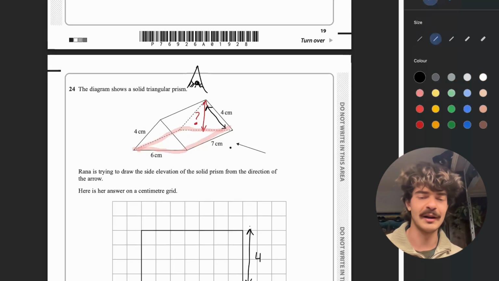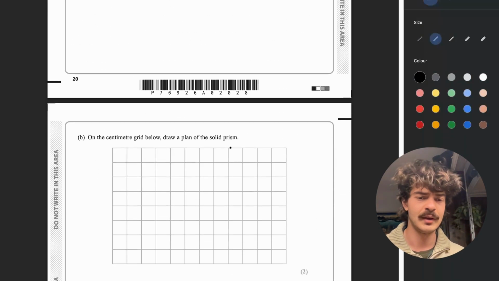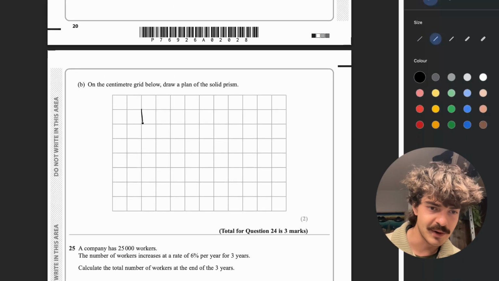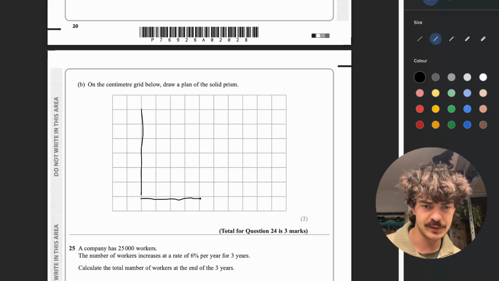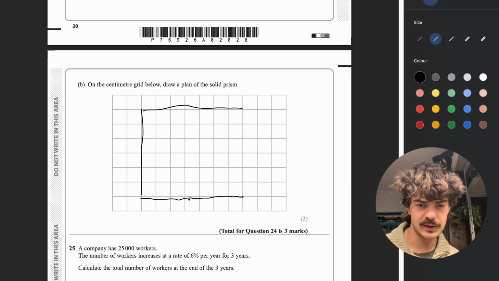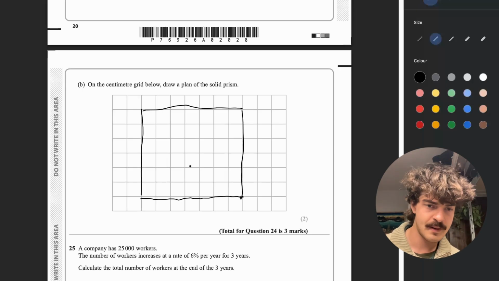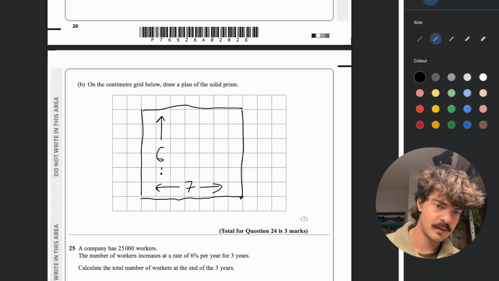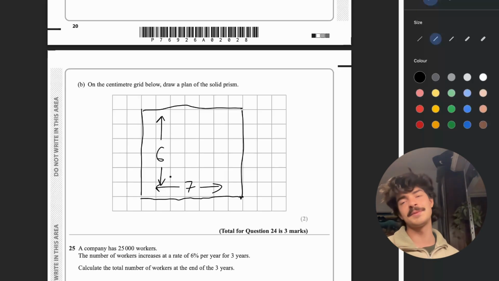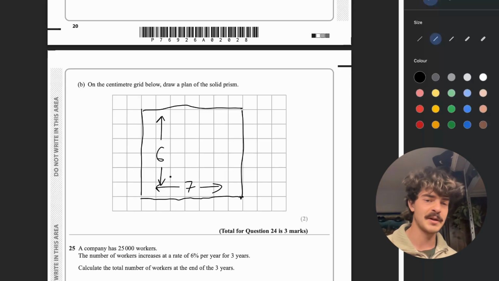So that's what we're going to have to draw. A 6 by 7 grid. So we've got 1, 2, 3, 4, 5, 6, and we do this across 1, 2, 3, 4, 5, 6, 7. Cool. And it can just be a sketch like that. Super simple. On to the next one.